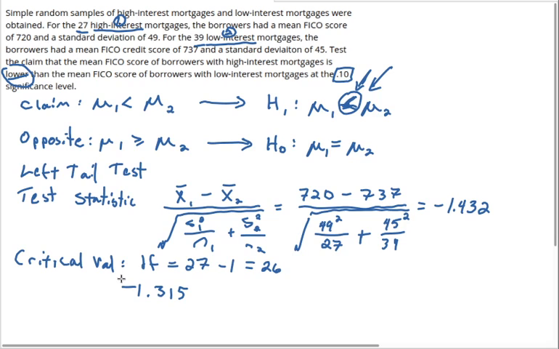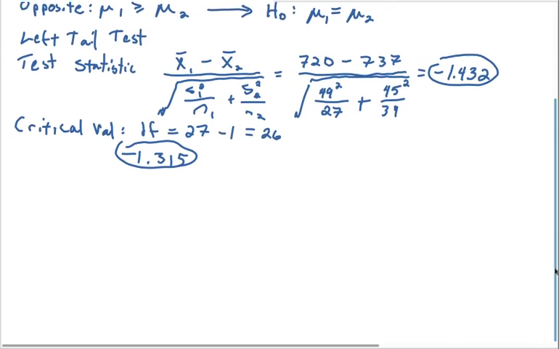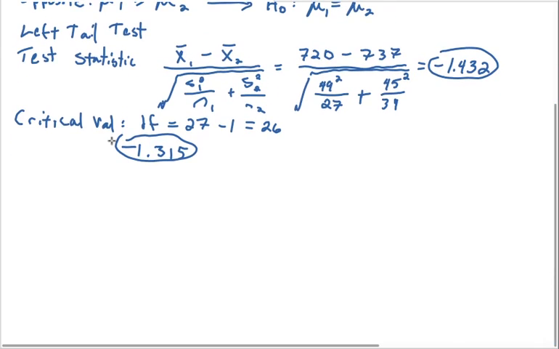Now, to do a critical value method, I am comparing my test statistic to my critical value. If my test statistic is further into the tail than my critical value, I reject the null hypothesis. So thinking about this on a bell curve, 0 is in the middle, of course.